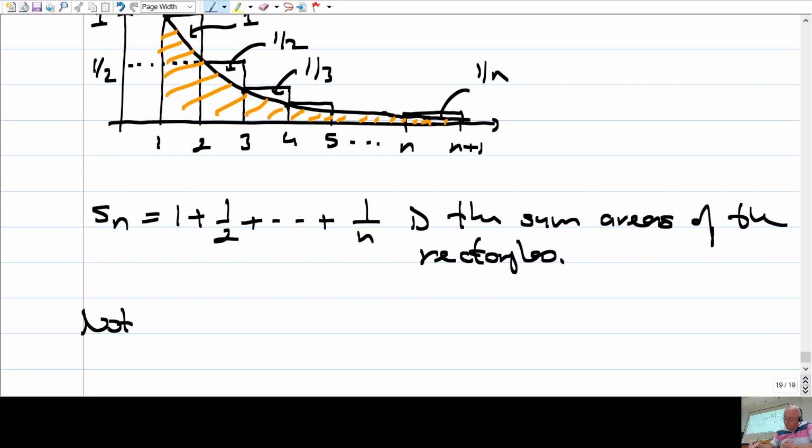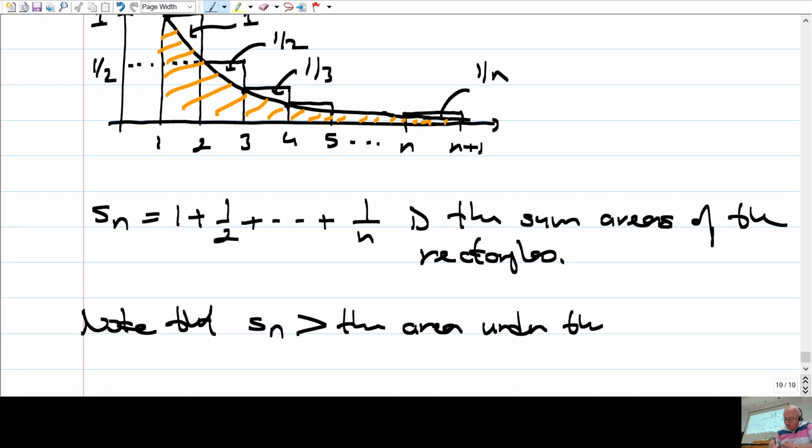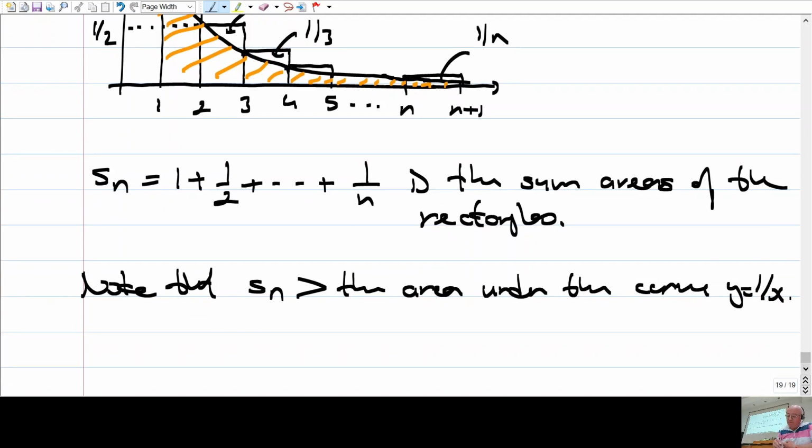Note that Sn is larger than the area under the curve y equals 1 over x from x equals 1 to x equals n plus 1.